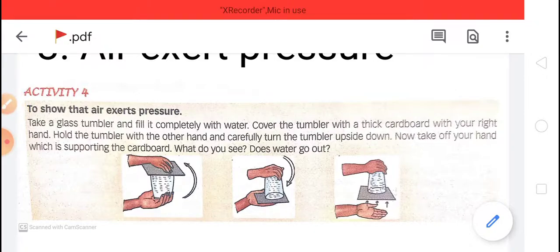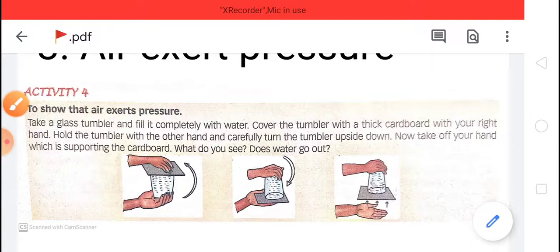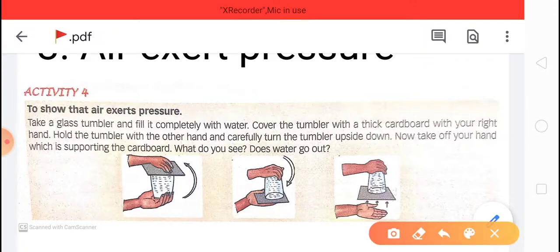Now slowly you have to take out your hand which is supporting your cardboard. Okay, so what will you see? Does water go out? Children, you will see that the cardboard does not fall. Means here the cardboard does not fall.